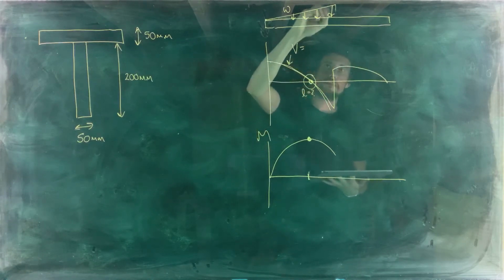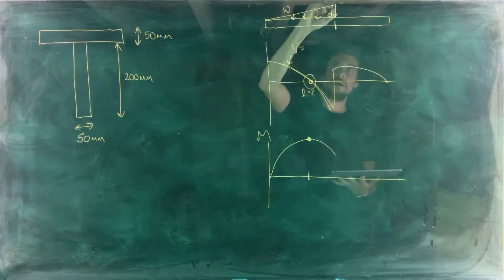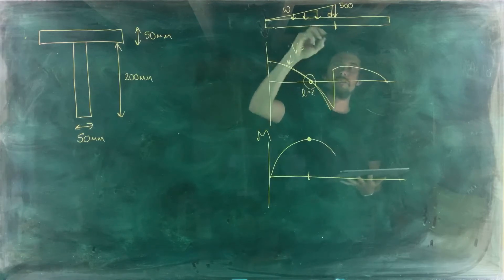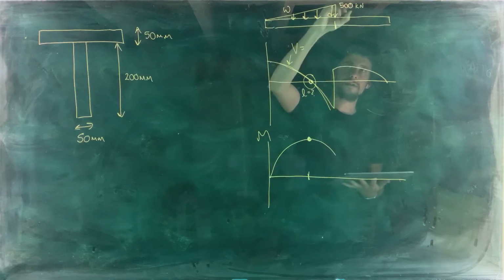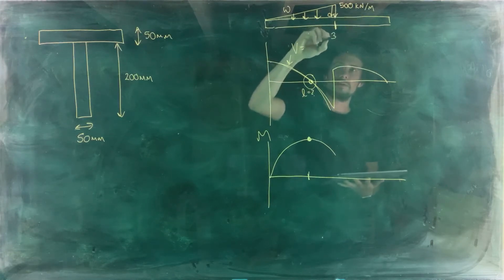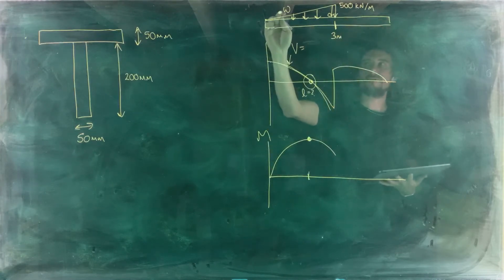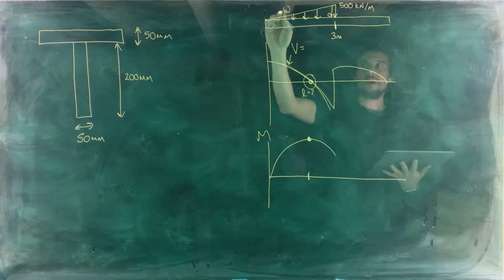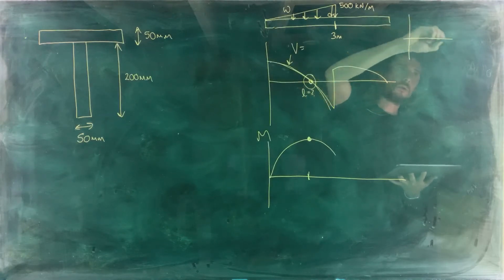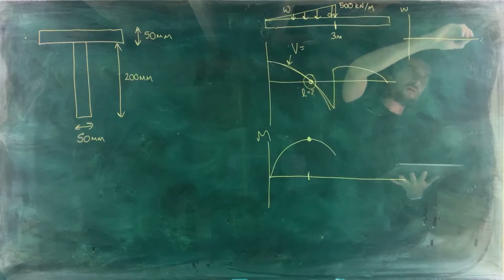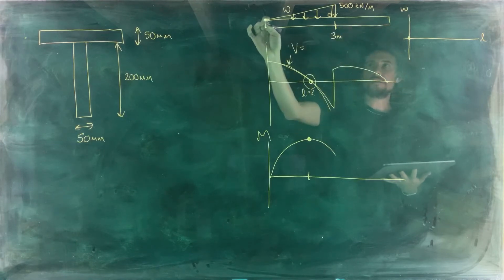So let's say our beam did look like this, and this is, let's give it some units, 500 kilonewtons per meter, and this is a length of 3 meters there. Then when you write your equation for what the distributed load is, I always recommend doing a separate little plot of how W varies with length, because here W starts off to be 0, and you can easily see that there.